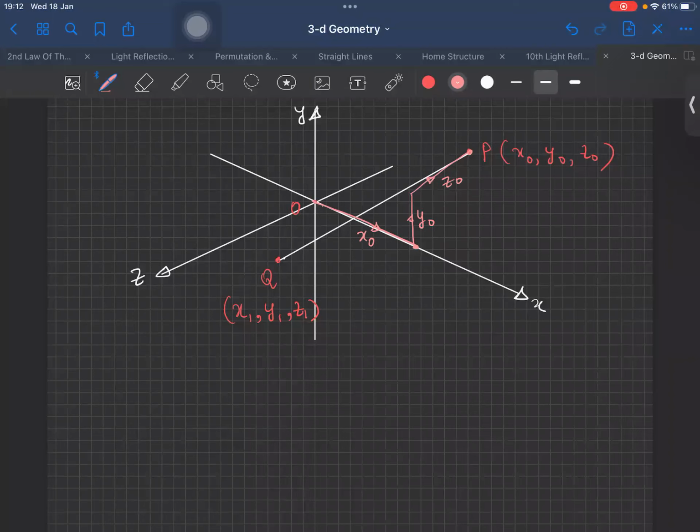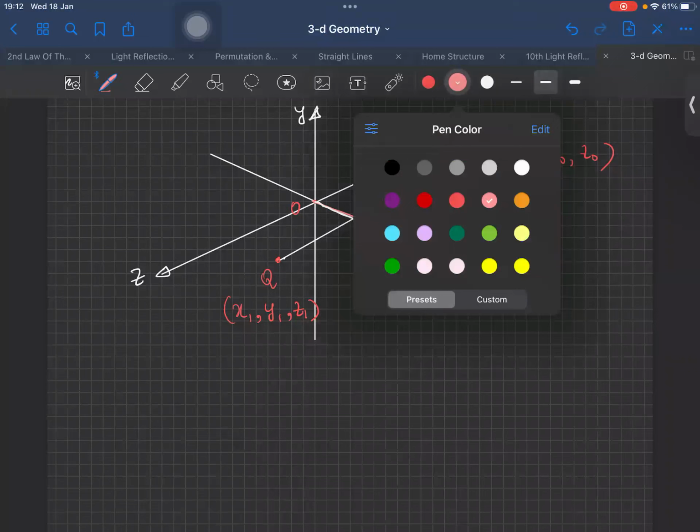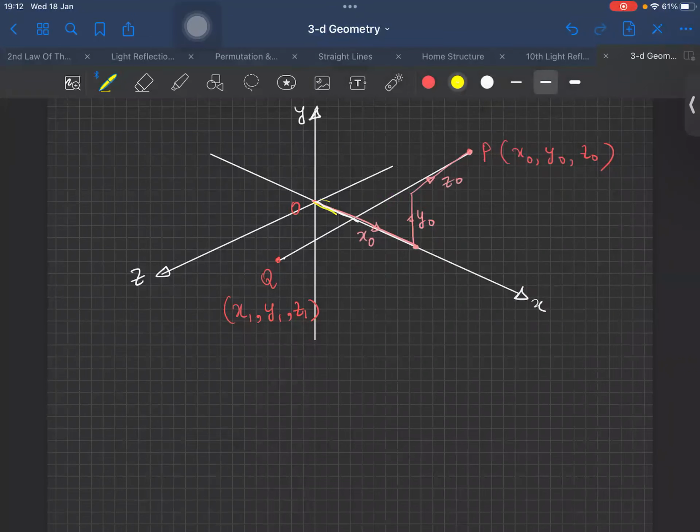Now to reach Q, you will first travel x1. This point can be anywhere, right? First you will travel x1, then you will travel y1, somewhere here, and then you will travel z1.